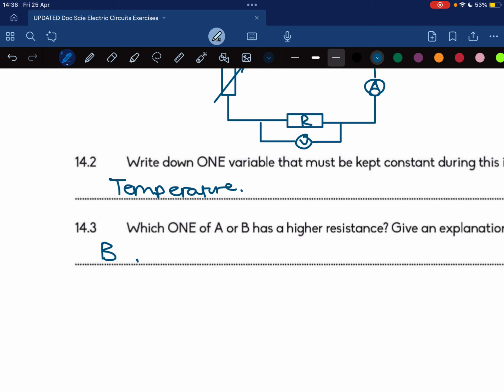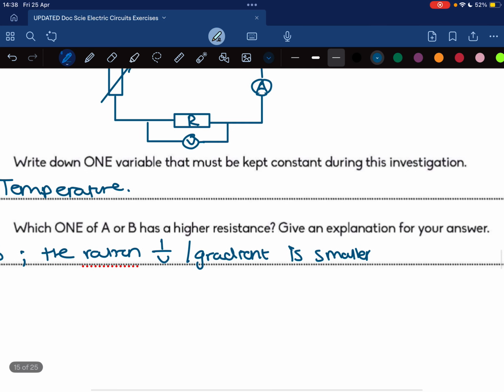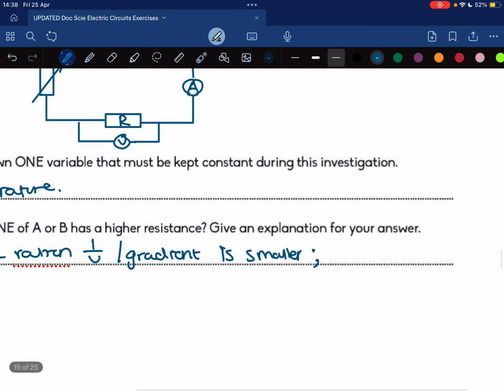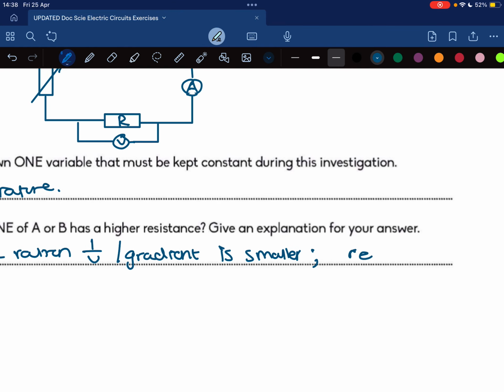So the reason why it's B is because the ratio I over V, or the gradient, is smaller. So basically that means that the resistance is greater.